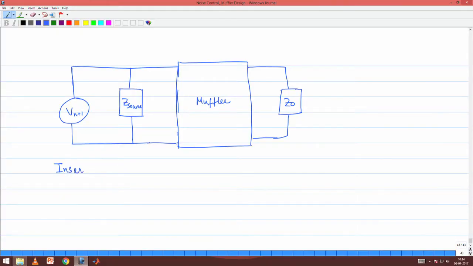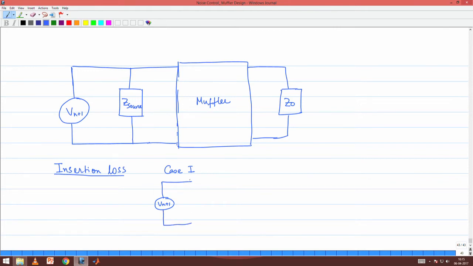But special cases apart, let us now try to define insertion loss, which is a very important aspect in muffler design. So, insertion loss, you consider two cases. Case 1, when you have only the source, and I am going to draw only the circuit here.